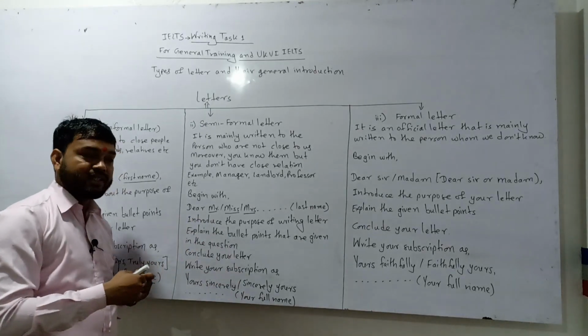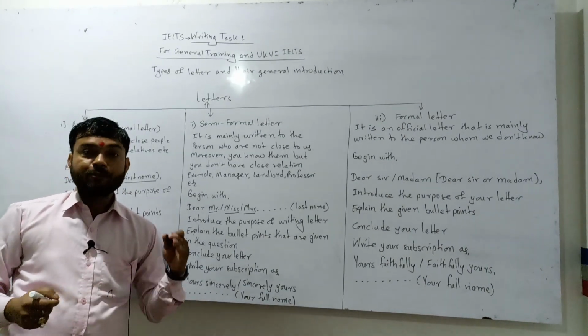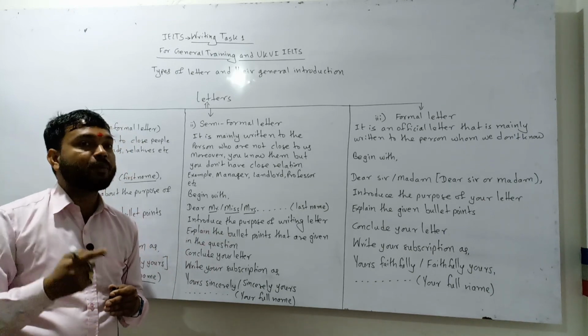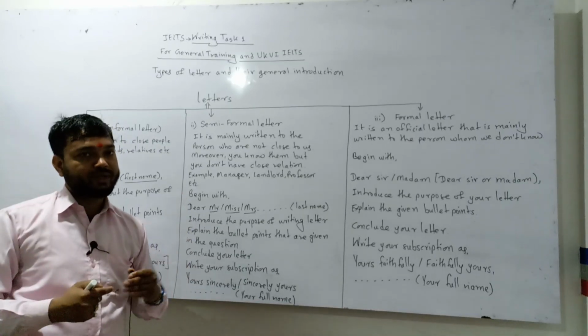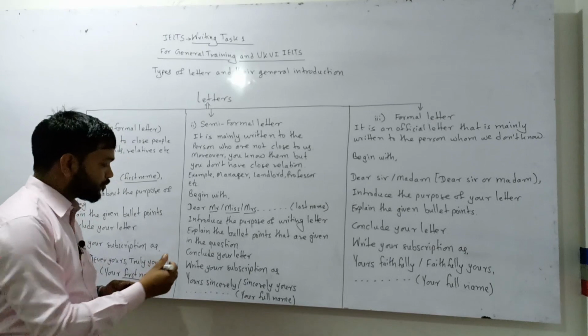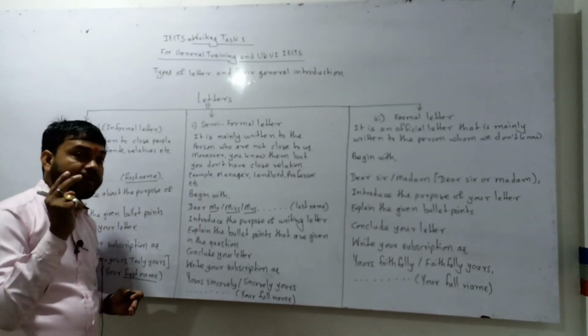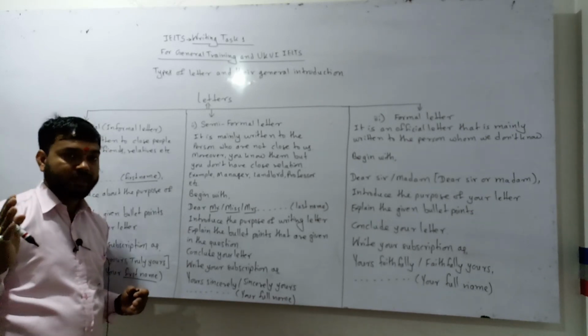Explain the bullet points that are given in your question paper. If you miss any bullet point, you will not get a proper score, so try to maintain all the bullet points in serial order. At last, conclude your letter. Remember, in writing a letter you can make 3 or 4 paragraphs only.